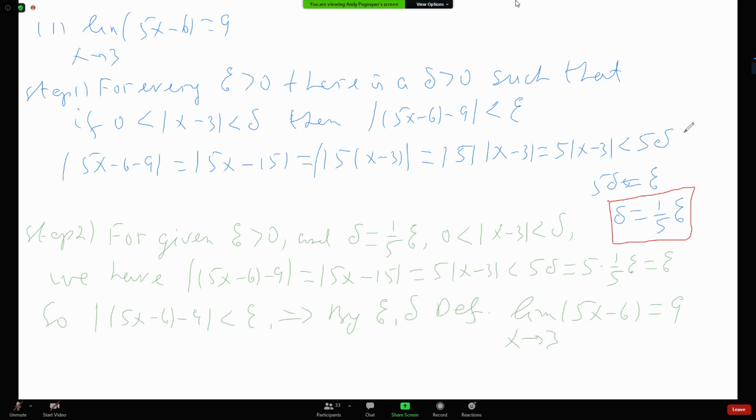Okay, any question? Yeah, for the second step, I just use substitution. Is that not okay for that? Whatever you have, the second step is just repeating whatever you have below that, like the absolute value expression.